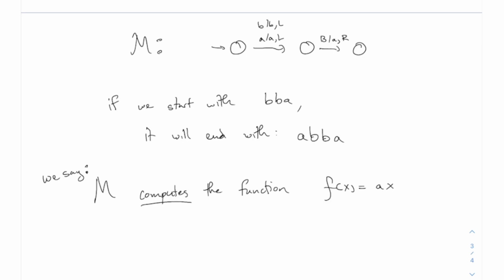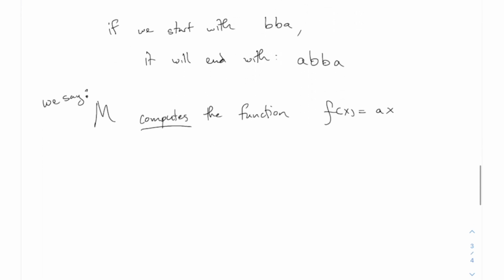And the big question that I want to talk about is, just like you can ask about what kinds of languages you can accept or reject using a Turing machine, when you formulate it in this way, you can ask about which functions can be computed by a Turing machine. Apparently that function, which is a very simple function, can be computed by a Turing machine. But the large question is, which functions can be computed by a Turing machine?